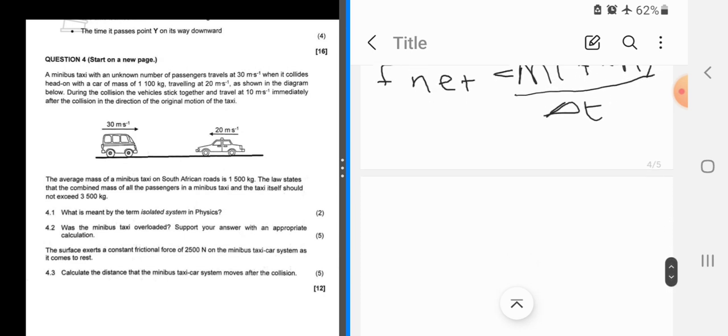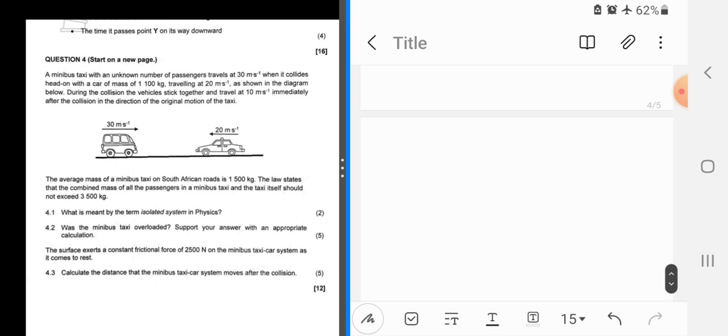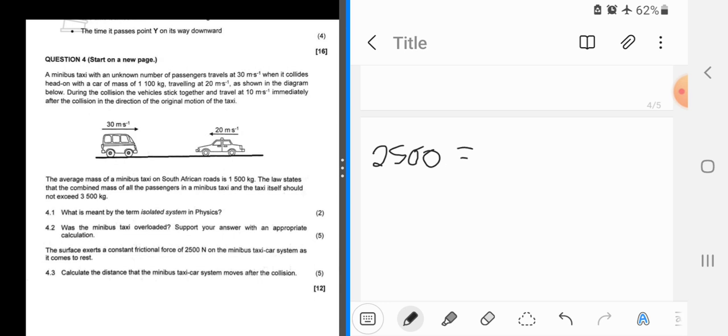So the F net, we are given that the surface exerts a consistent frictional force of 2,500 newtons. So we have 2,500 equals the mass of the minibus, which we calculated as 1,650, plus the mass of the small car, which is 1,100, and that will be over change in time.